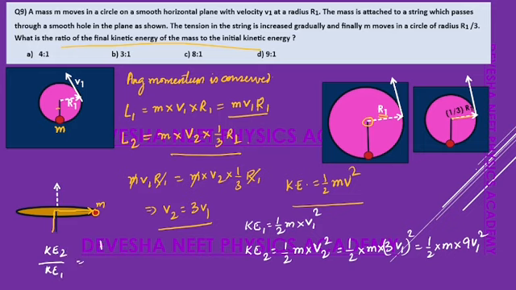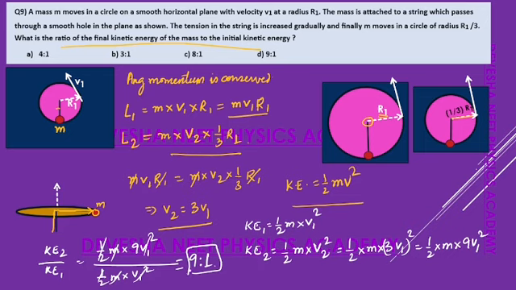This is equal to half m into 9 v1 squared divided by half m into v1 squared. The half m and v1 squared get cancelled, so it's equal to 9 is to 1. So this is the answer.